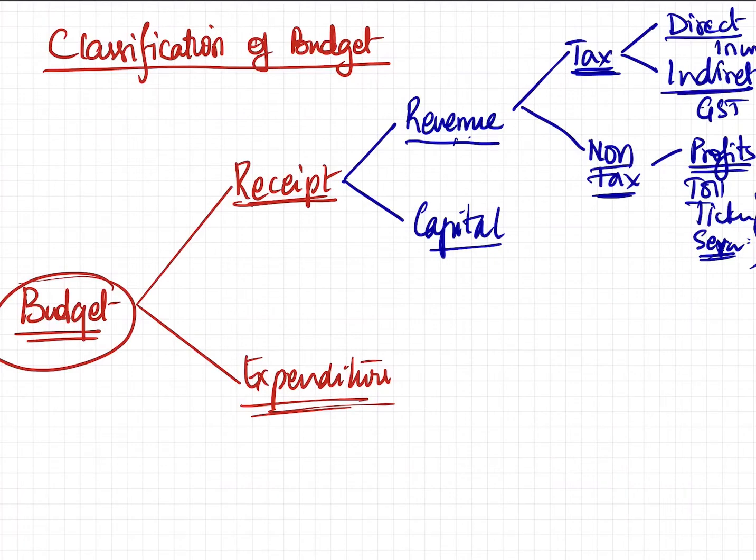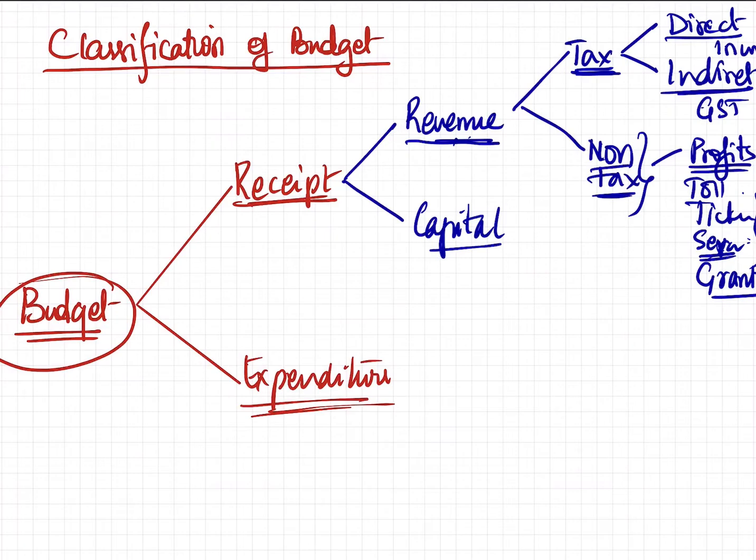Whether they make profit, that's a different matter. If they are making profit, like Air India, let's say Air India makes profit, that becomes non-tax revenue receipt, because the government does not have to repay it to anybody, nor is it reducing the assets. So profits, toll, tickets, services, etc. Then another important source is grants. The government receiving grants from any source.